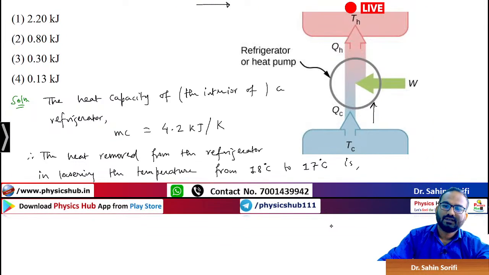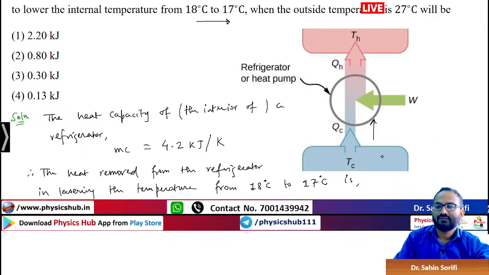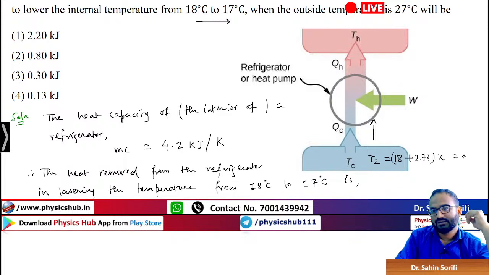What is the formula? You first need to convert the low temperature T2, 18 degrees centigrade, 18 plus 273 Kelvin. So you are getting 291 Kelvin. The temperature T1 of the outside is 27 degrees centigrade, so in Kelvin it becomes 300 Kelvin.